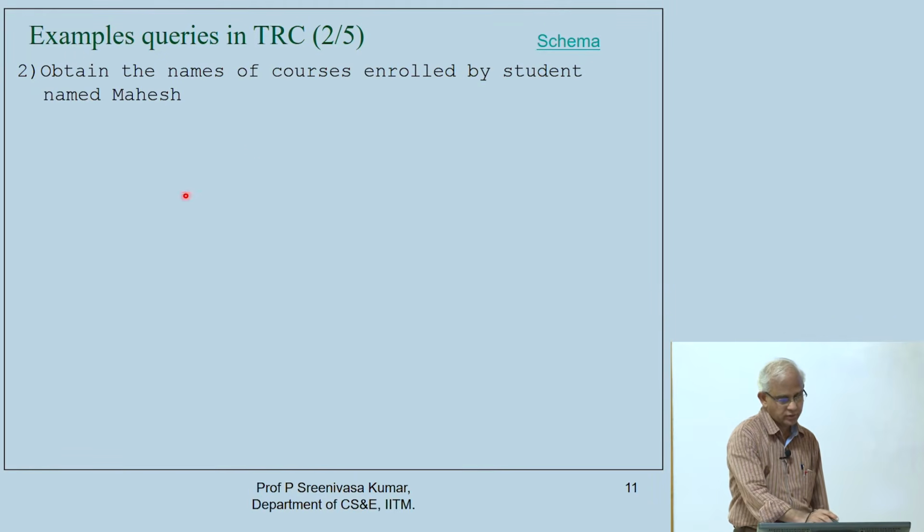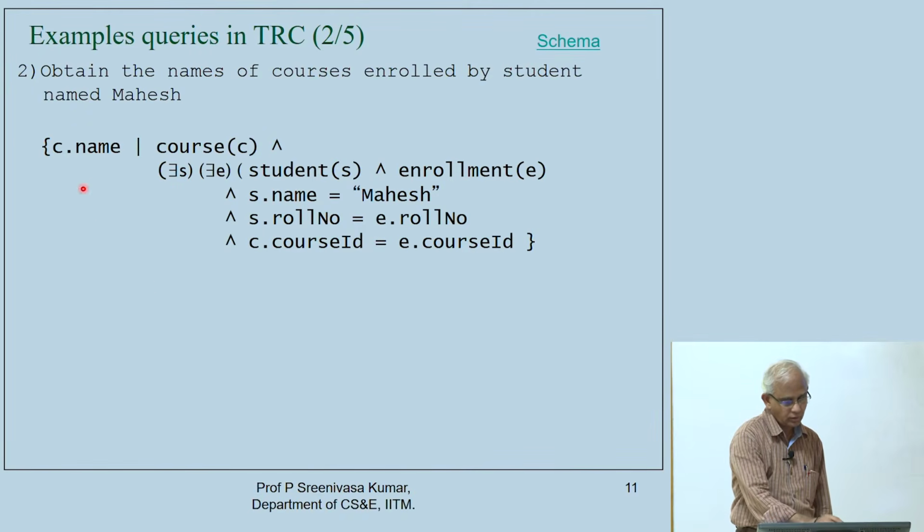So here is how you can express this. C dot name such that C is a course and there exists S, there exists E such that S is a student tuple, E is an enrollment tuple, and S corresponds to Mahesh and E corresponds to the student.